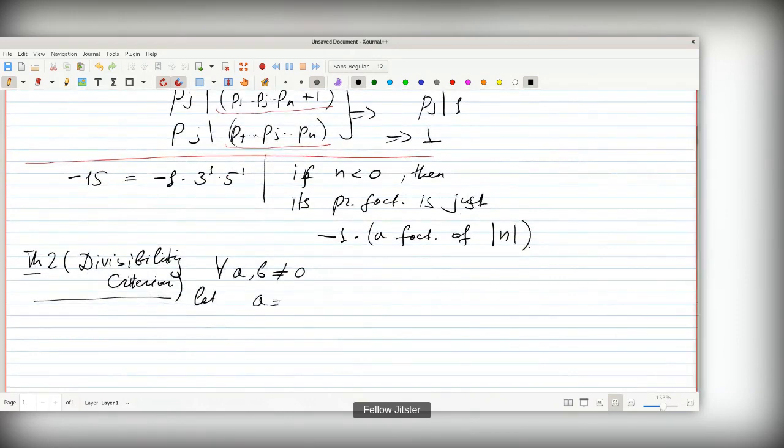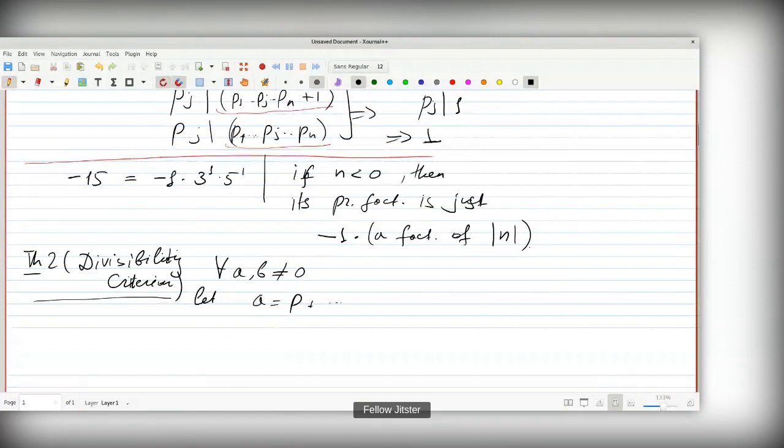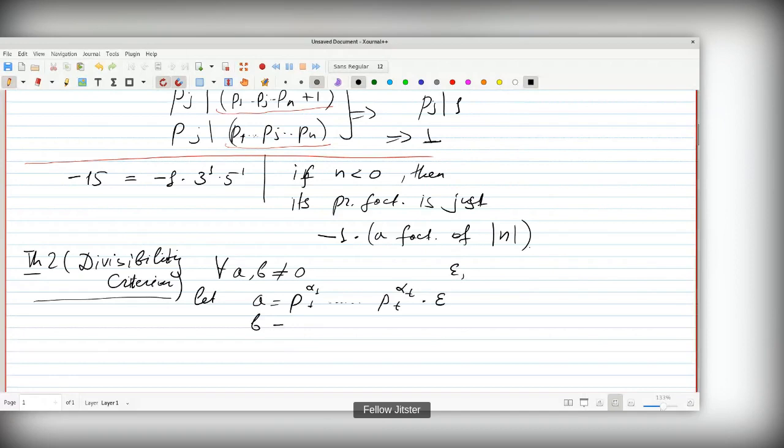Let a have some factorization p1 to the power alpha 1 and so on, pt to the power alpha t, which can be also multiplied by some epsilon, which represents its sign.